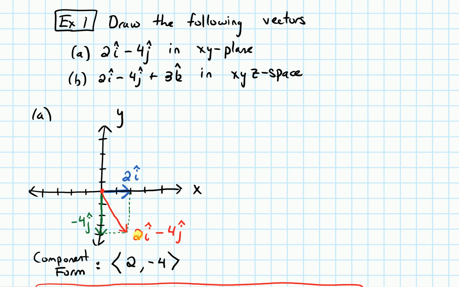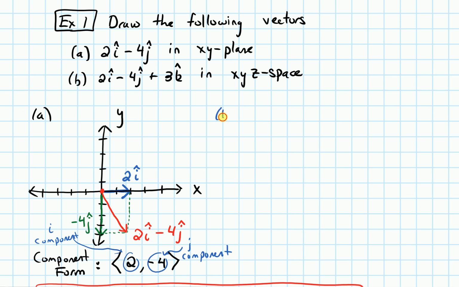So basically I put the x component, or sometimes it's called the i component, first, and then the y component second, or sometimes that's called the j component. So this is the i component, and the negative 4, that is the j component. Okay, but these mean the same thing. 2i minus 4j, or in the brackets 2 comma negative 4, they both refer to this vector.